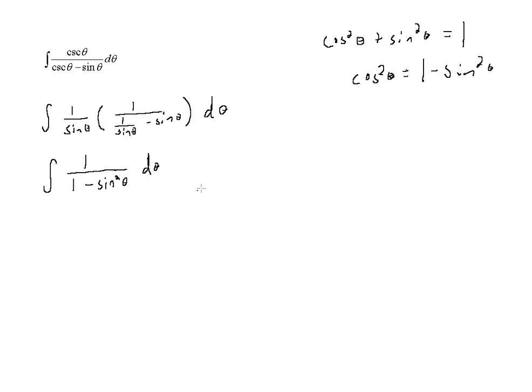So I actually have here 1 over the cosine squared of theta, d theta. And what is 1 over the cosine squared? Well, that's also known as the secant squared of theta.